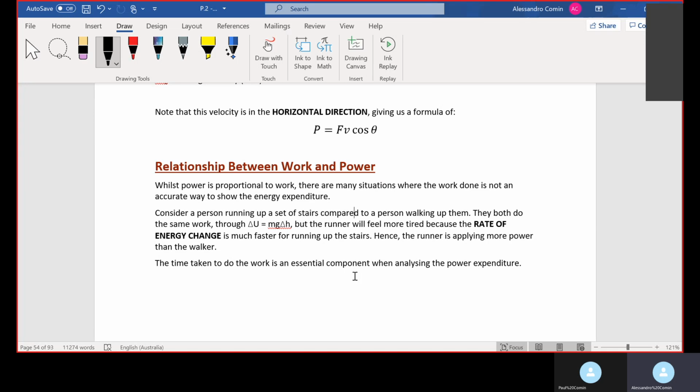They both do the same work because they're both moving up the same height. They still have the same delta h. But the runner will feel more tired because they used up more energy in a shorter period of time. Hence, the runner is applying more power than the walker to go up the stairs.